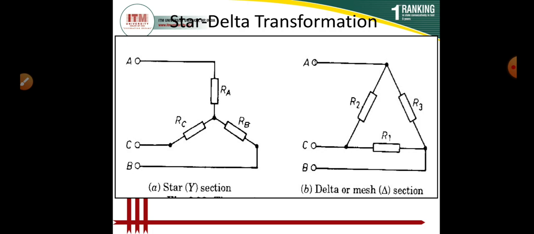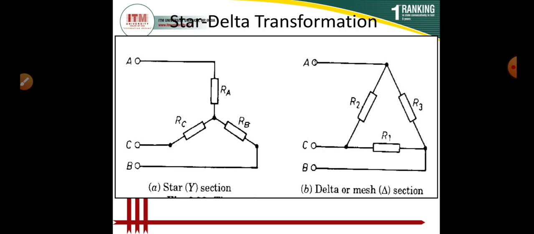So for a balanced three-phase circuit, we can use different mathematical techniques to simplify or analyze the circuit, and thereby reduce the amount of maths involved so that it is not very critical.